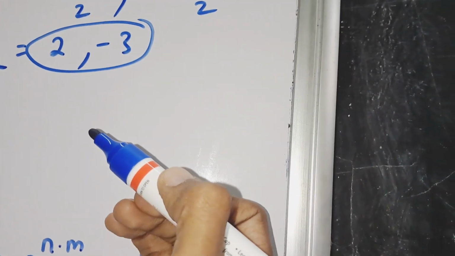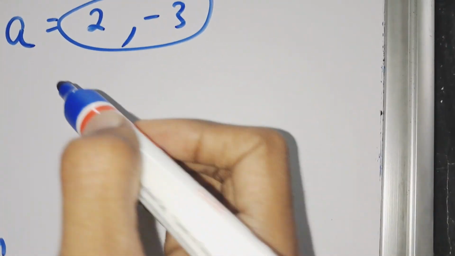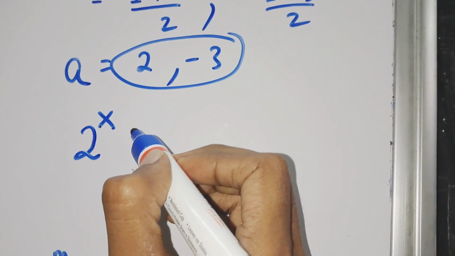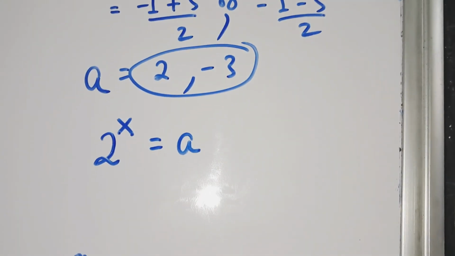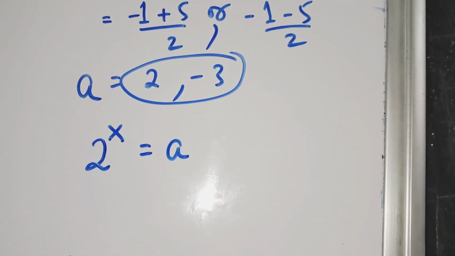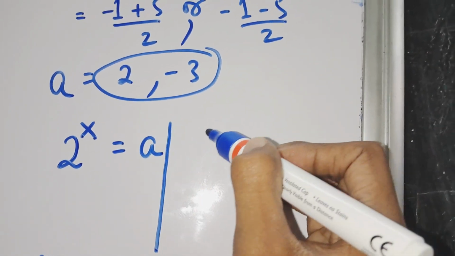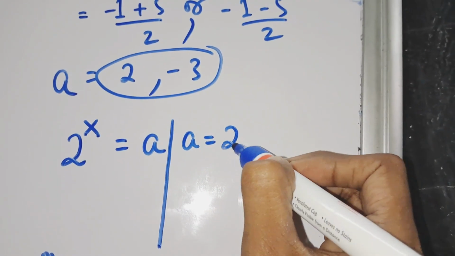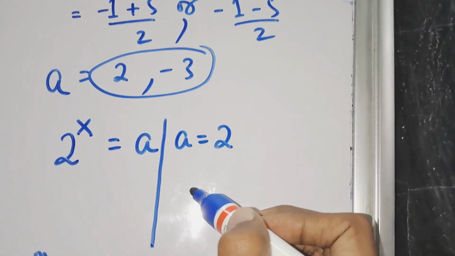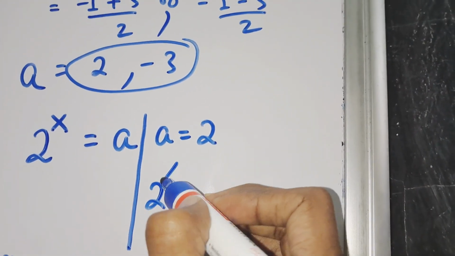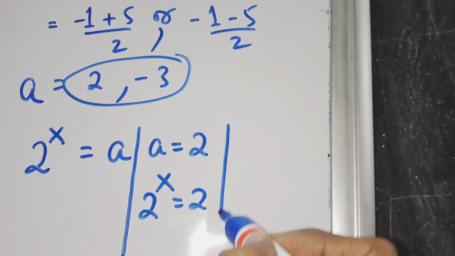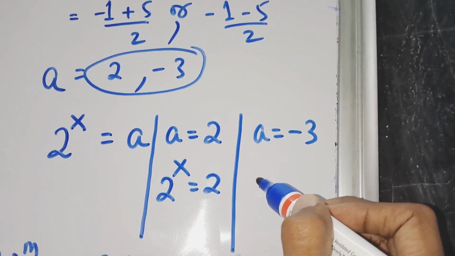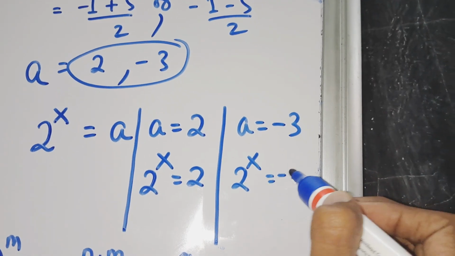Now we have taken a as 2 to the power x, so 2 to the power x equals to a. For a equals to 2, we have 2 to the power x equals to 2, and for a equals to minus 3, we have 2 to the power x equals to minus 3.